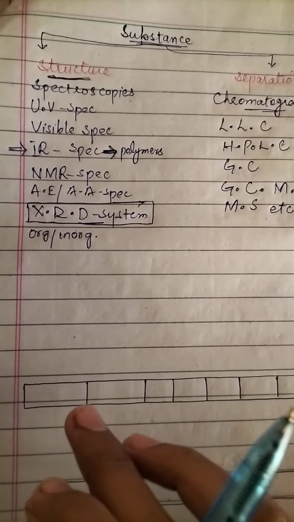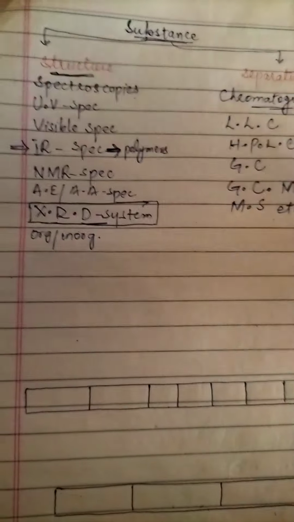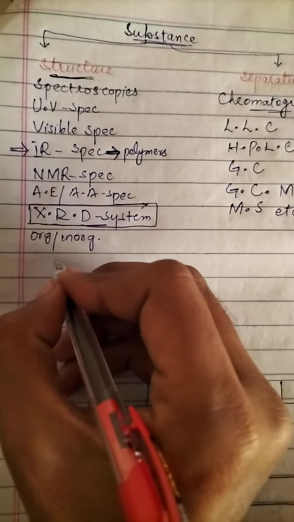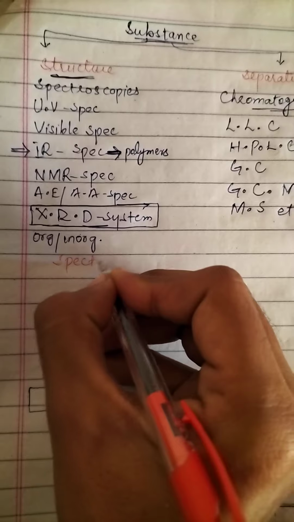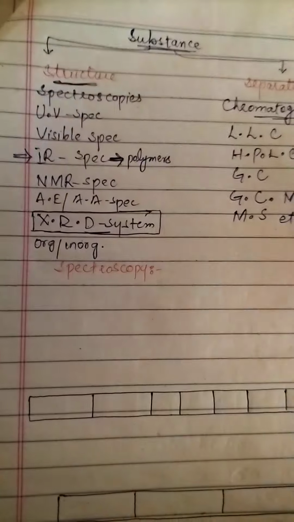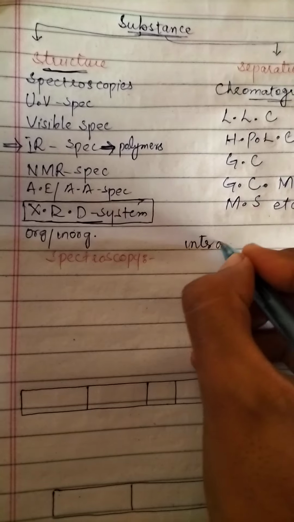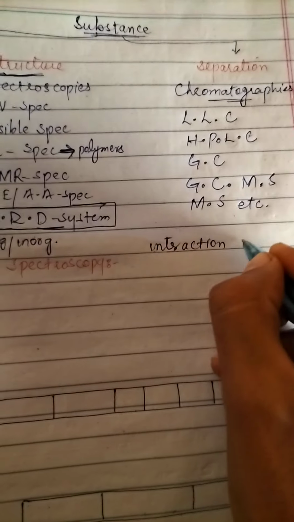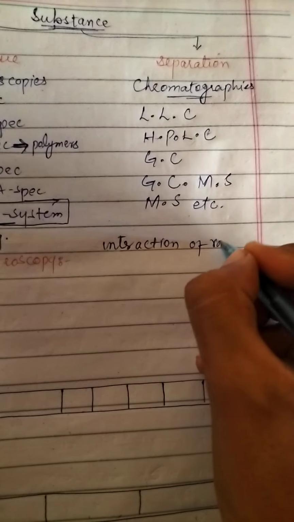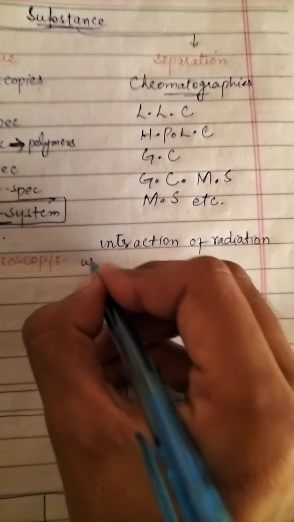Today we will start with IR spectroscopy. Before IR spectroscopy, we should know what spectroscopy is. Spectroscopy is the interaction of radiation with matter.